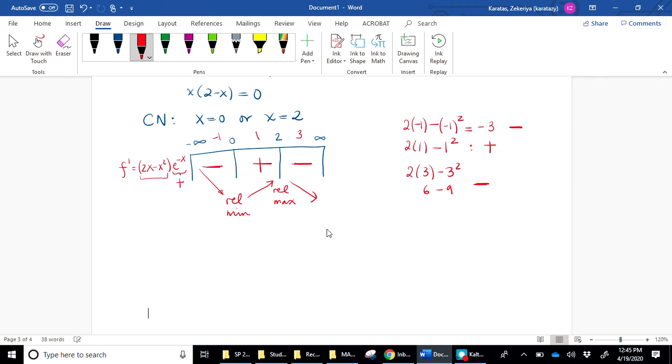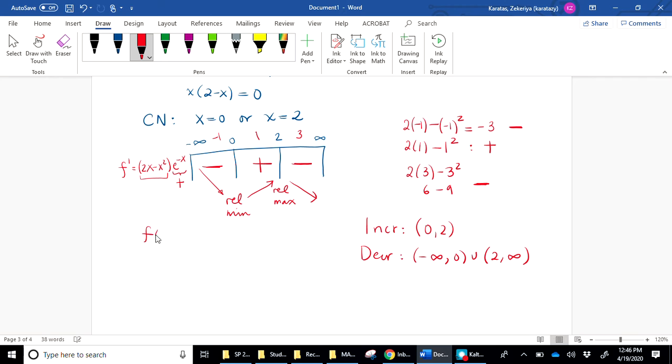And we can write here the increasing intervals. The increasing interval is just 0, 2, and then the decreasing intervals are negative infinity, 0, union 2, infinity. So that's the decreasing interval, and we need to find the value of the function at those points.